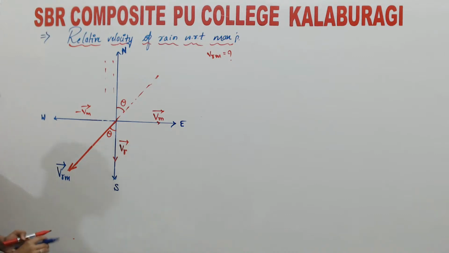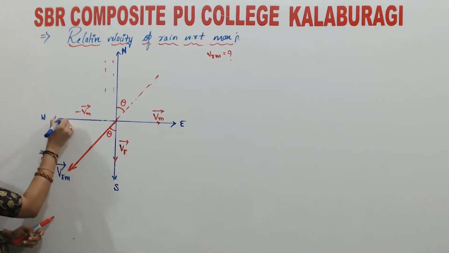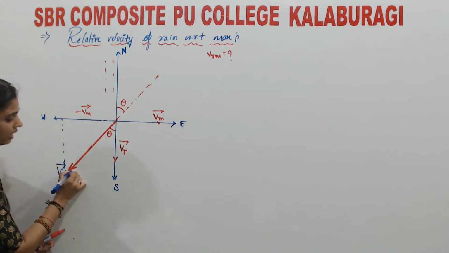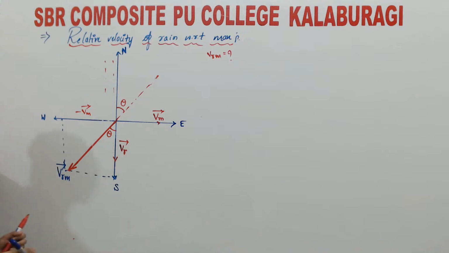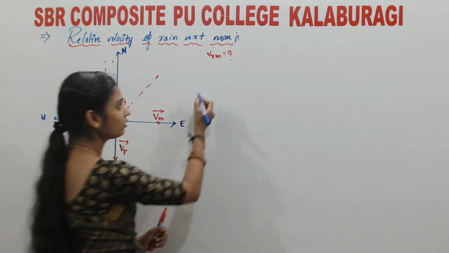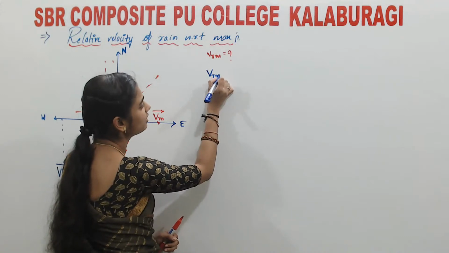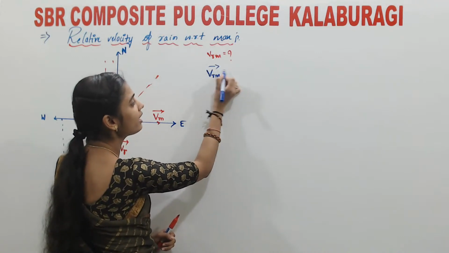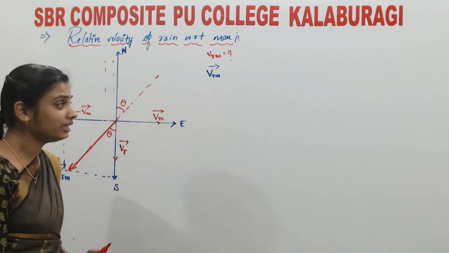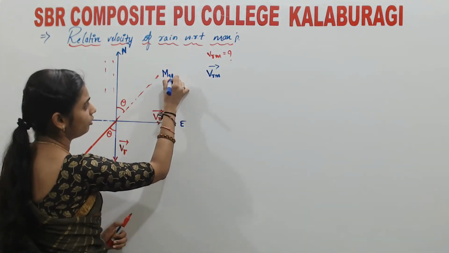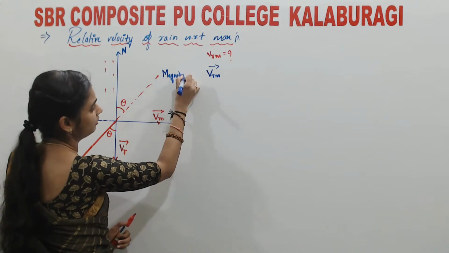Okay, so now for that, you have to use the parallelogram law of vector addition, by which the resultant of two vectors can be given. That means here I want the magnitude of VRM, the magnitude of this relative velocity.